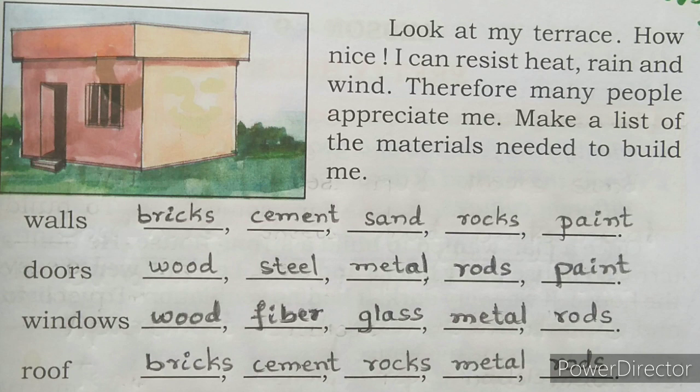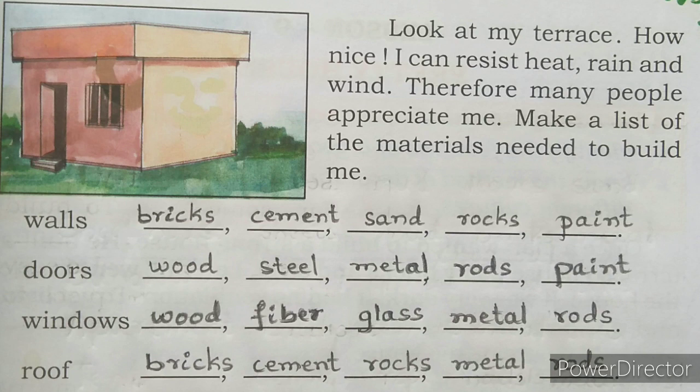Children, this house has walls. Yes or no? Yes. This house has walls, doors, windows, roof, floor. Right? Yes. So, to build walls, doors, windows, roof, floor, we need different types of materials.